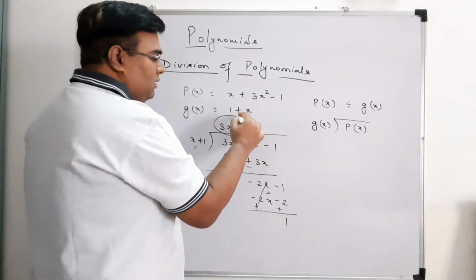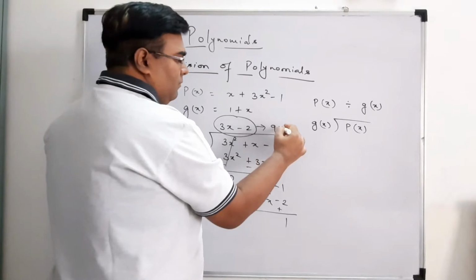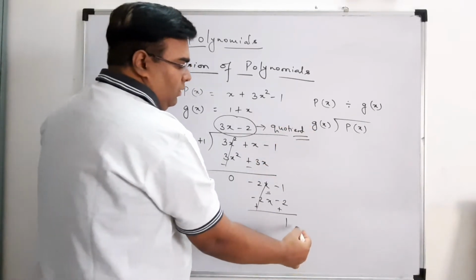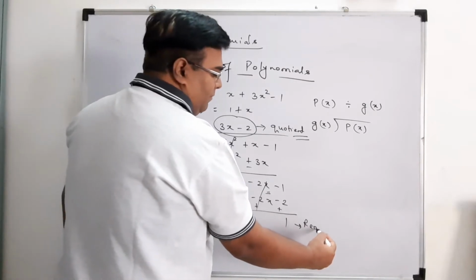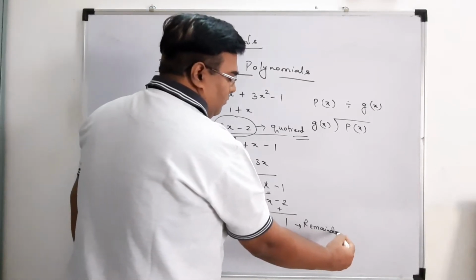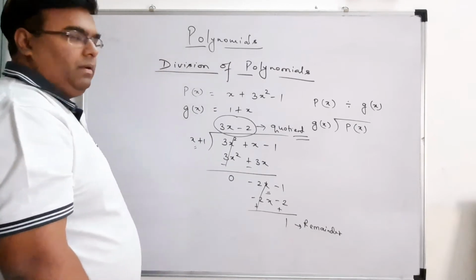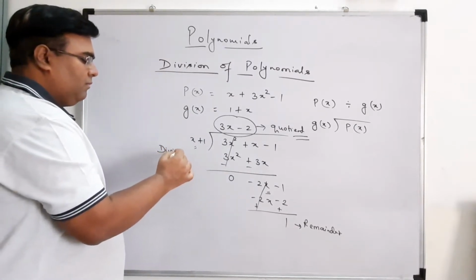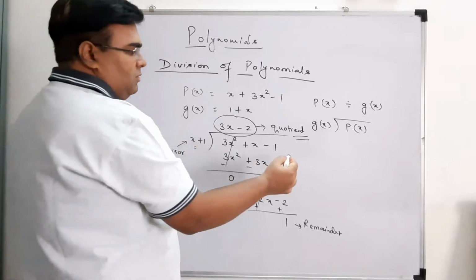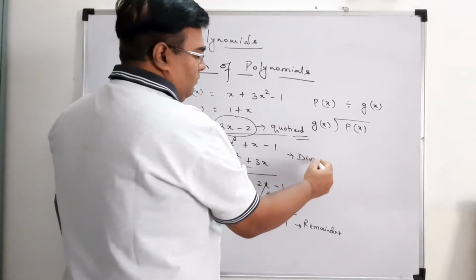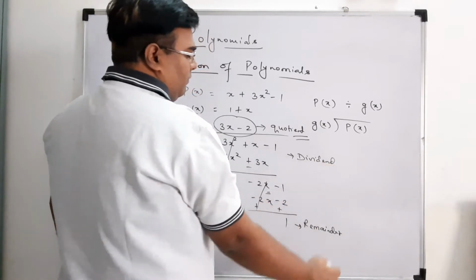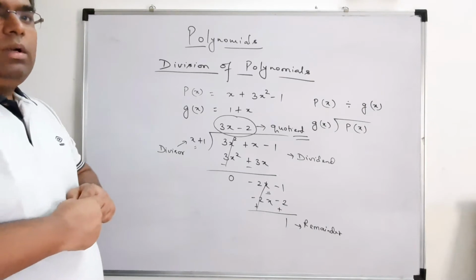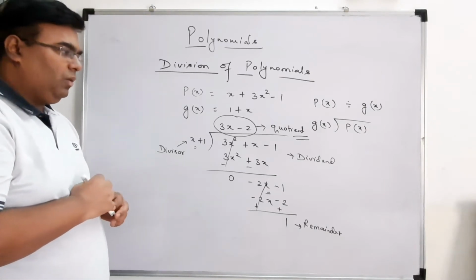This is called the quotient, right? This is my remainder, right? And this is the divisor. This was my dividend. Okay, so this is a long term division of polynomial, right?